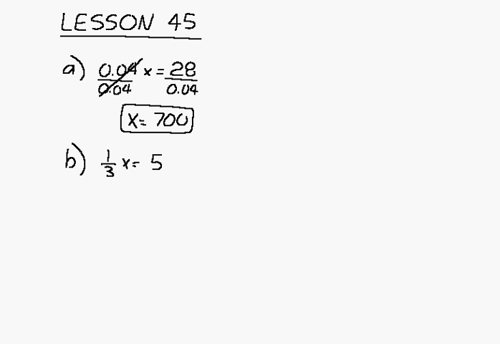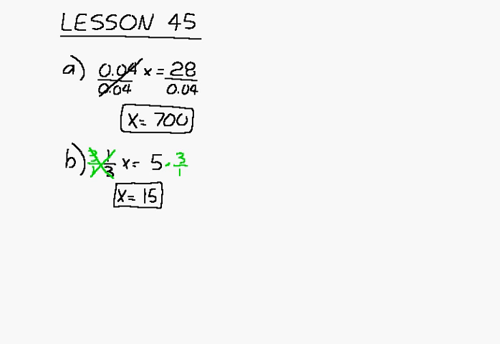Remember, you invert that fraction, you do the reciprocal of it, multiply both sides by the reciprocal, and anytime you multiply a number by its reciprocal, that equals 1. So on the left there we get 1 times x is just x, and that's equal to 5 over 1 times 3 over 1, so that would be 15 over 1, or just 15.